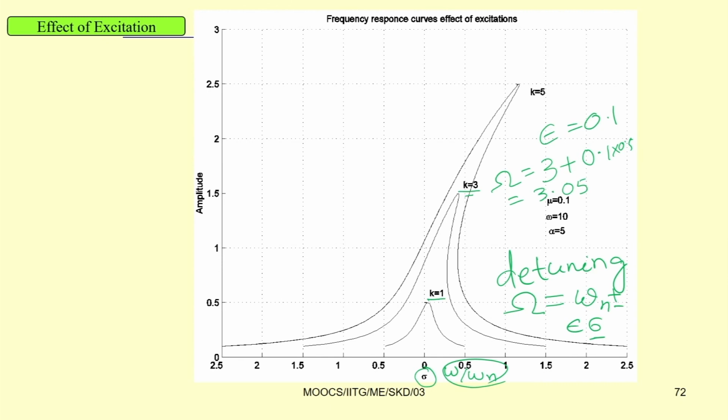If you are taking this omega in hertz, then it will be in hertz. If you are taking it in radian per second, then it will be in radian per second. We will study in detail this Duffing oscillator and also the effect of different damping, amplitude of excitation, and frequency of excitation in module 3 of this course.